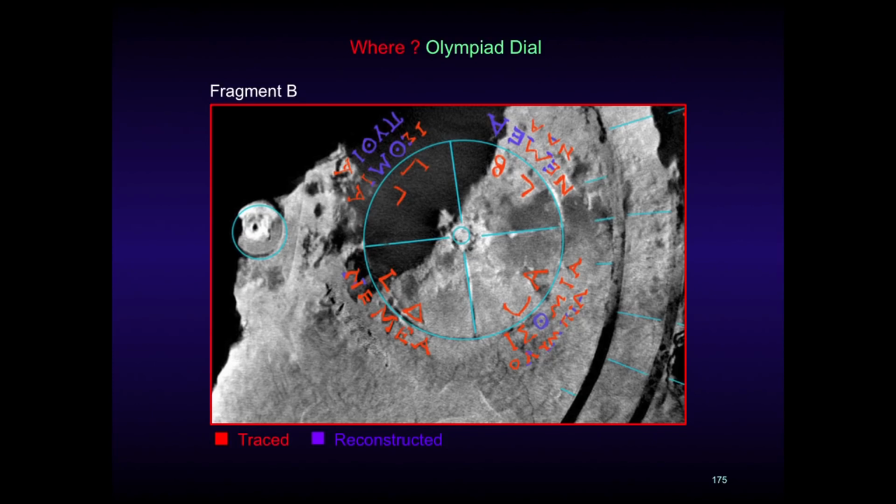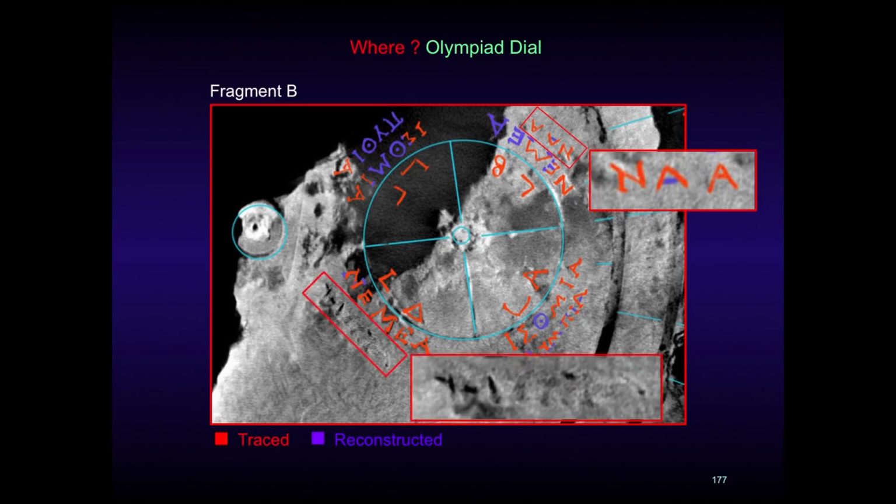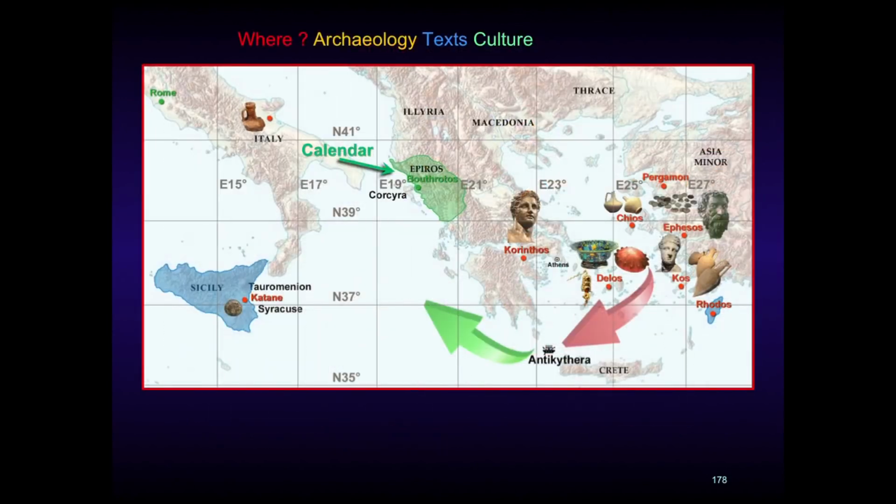But in ancient Greece, there were hundreds of little minor games. And there was one up here called the Naa, and another one here, which was pretty much undecipherable. There was text there, but none of us could work out what the text might mean. So let me deal with the Naa first. Does anyone happen to know where the Naian games, the Naa, were held?